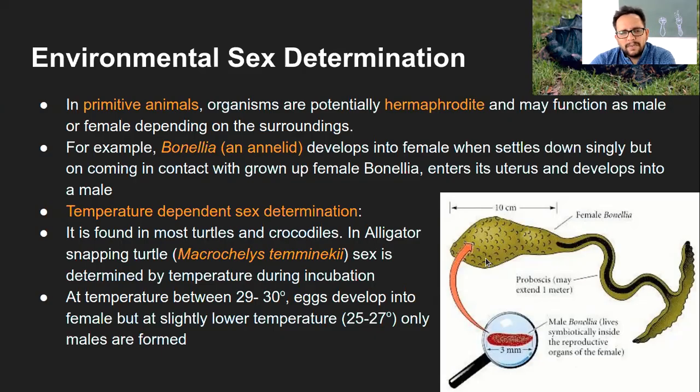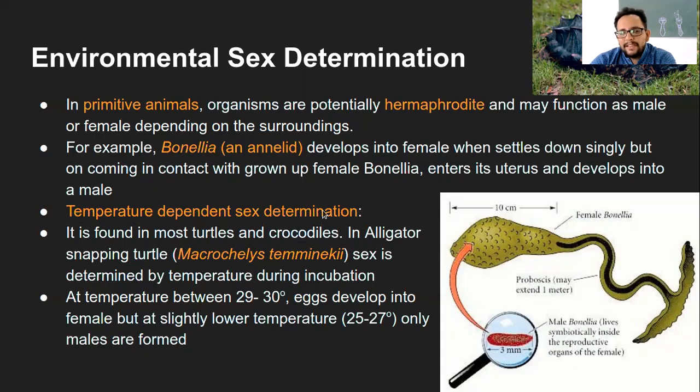This is more of a chemical coordination and signaling mechanism. We need not go into that detail. This is just an example that Bonellia, in contact with a grown-up female, turns into a male when it enters the uterus. That much is good enough information for now. And this one that is shown is the male. This is the grown-up female.